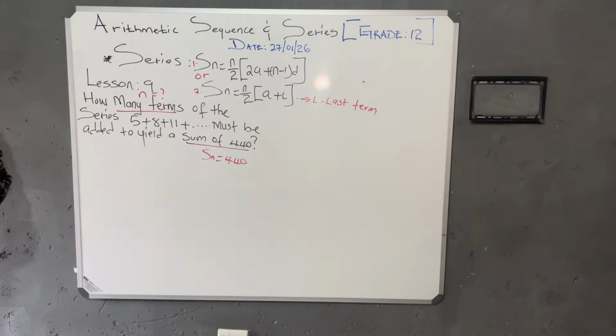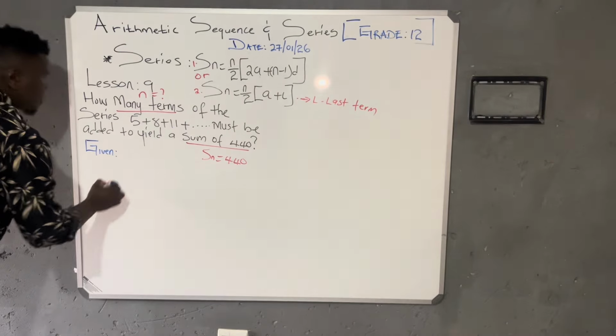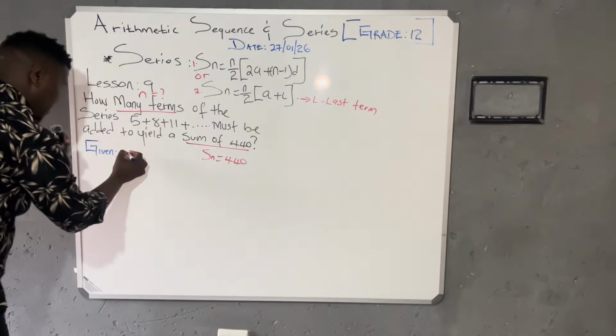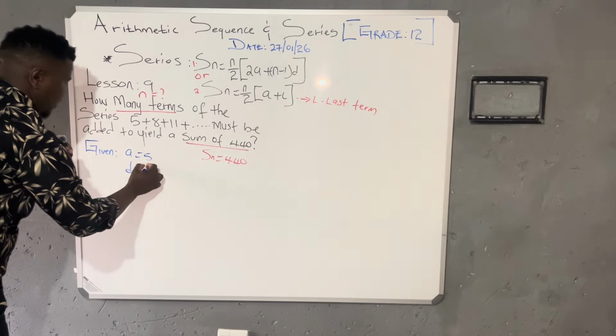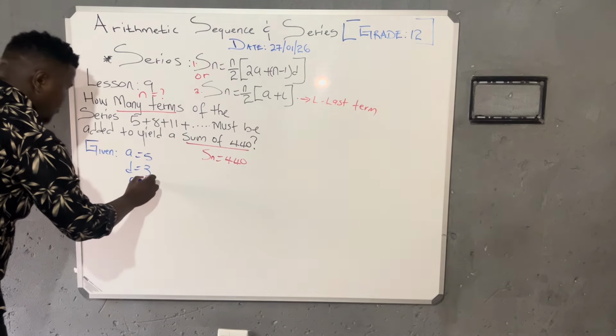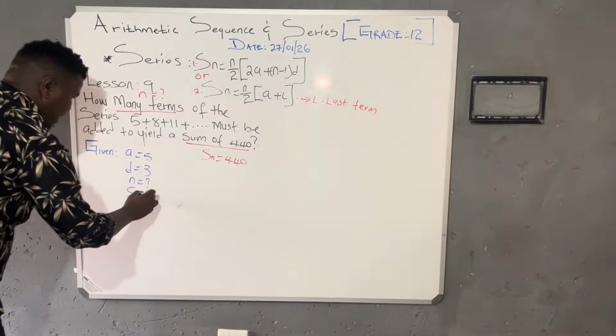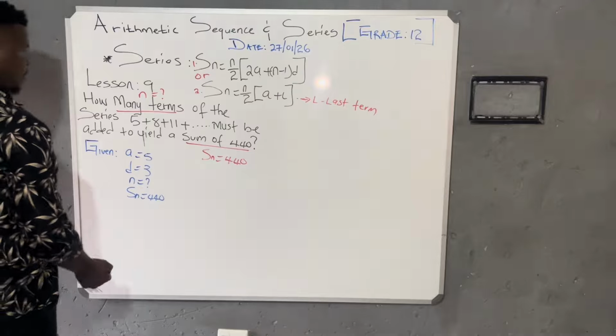Now, like I always say from the previous, let's indicate what we have. Something obvious, A is 5. D is 3, because 8 minus 5 is 3. N is unknown. Sn is 440.